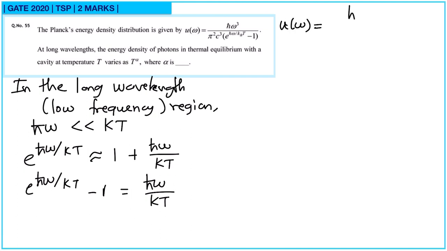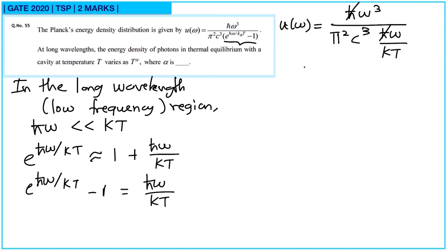will look like this: h cut omega cube upon pi square c cube, and here we can write h cut omega upon kT. So this h cut will cancel out and one omega will cancel out.